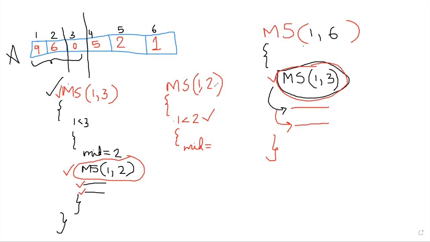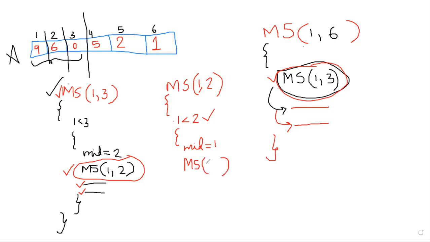So 1 plus 2 by 2, that means 3 by 2 is 1.5, and you have to take the integer value. So you take the mid value as 1. Your list is again divided from here. This is the next division. Now after the calculation of the mid value, the next function call is this one, merge sort, with two parameters, isn't it?